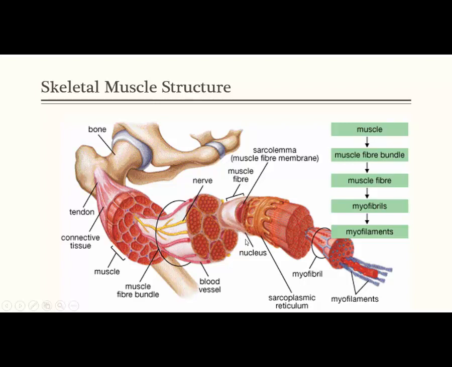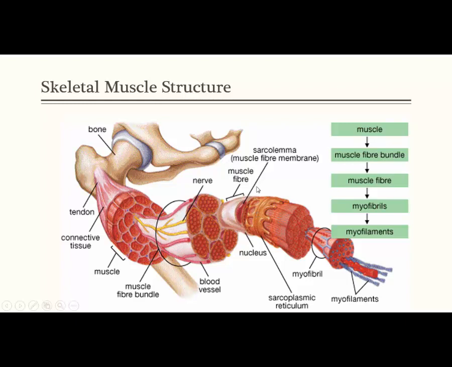They're along the edges of this bundle of myofibrils. So we have myofilaments, myofibrils, we have a muscle fiber surrounded by a sarcolemma, the muscle fiber being this set of cells which are fused together with multiple nuclei.